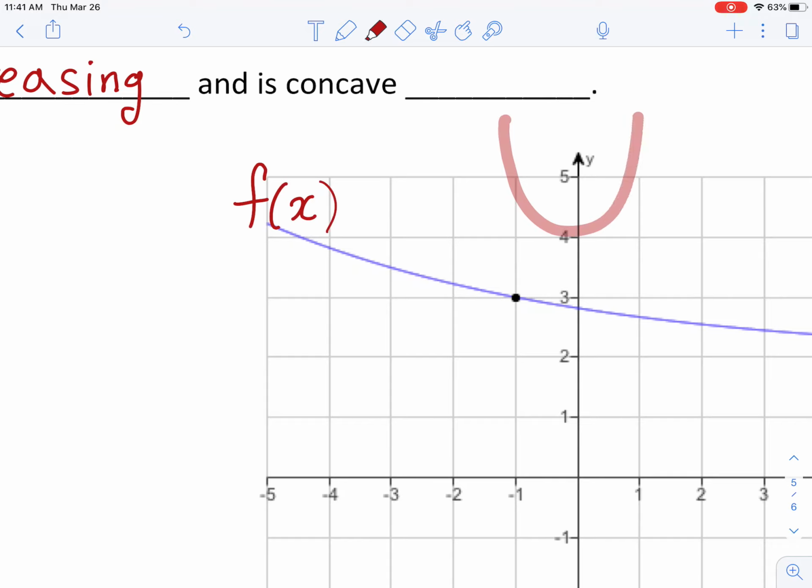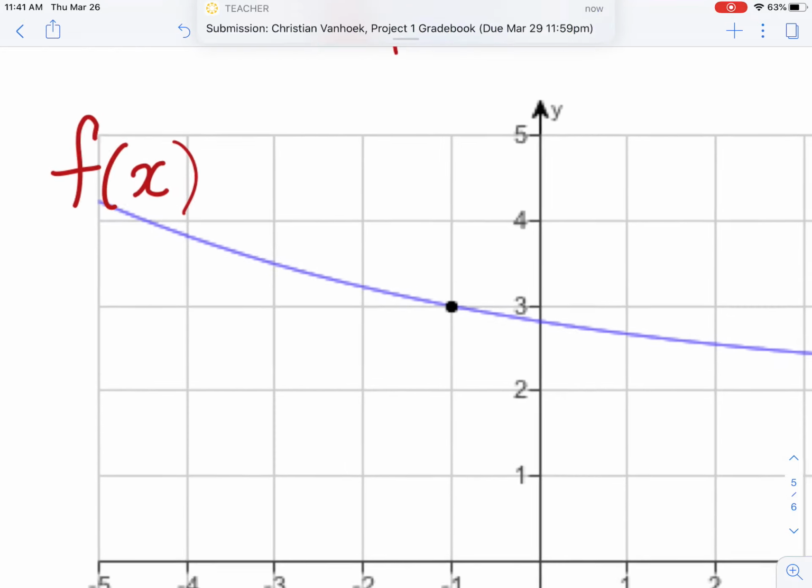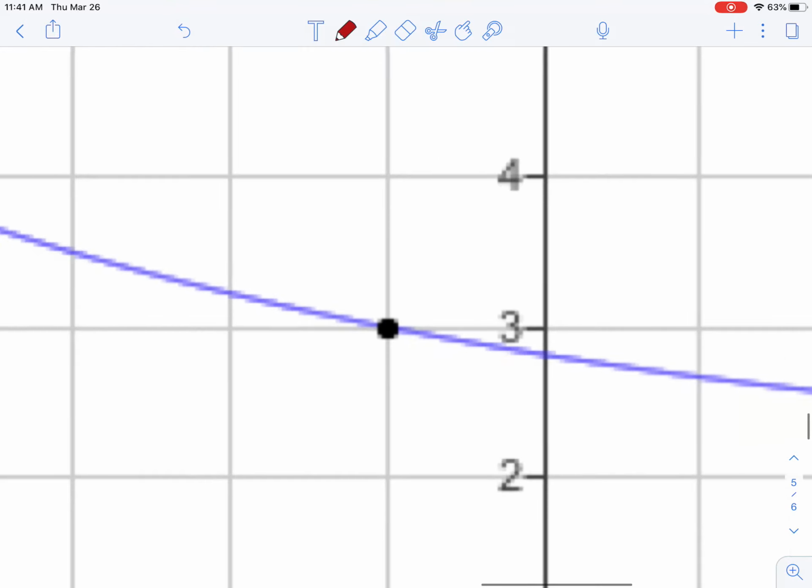Now, I wish the picture was a little more extreme. If you have a picture like that, then it'll be a little bit easier for us to see that the slope of the tangent line is increasing, from negative to 0, that's going up, and then it's going to go up to positive. But this graph looked almost flat, so it wasn't really easy for us to tell, but this is a graph that is concave up. Okay? All right.